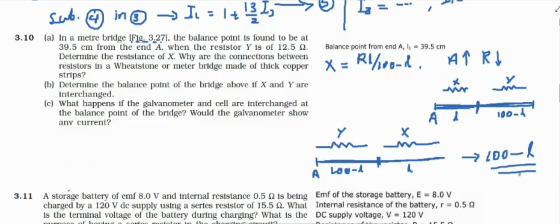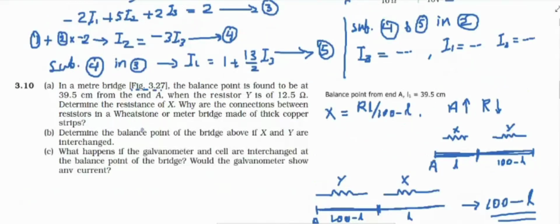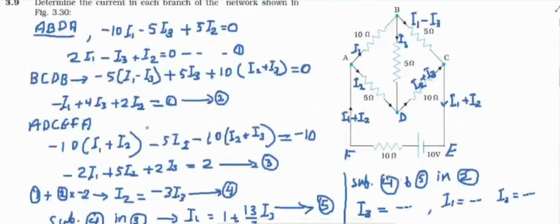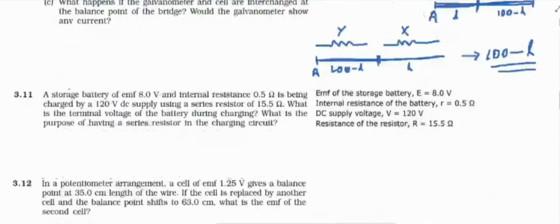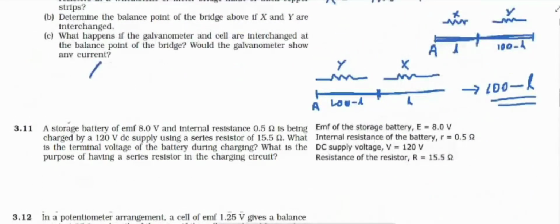Now part C, what happens if the galvanometer and cell are interchanged at the balance point of the bridge? Would the galvanometer show any current? If it is interchanged, no change will be there. You can see the Wheatstone bridge circuit like this. I will draw a diagram here.